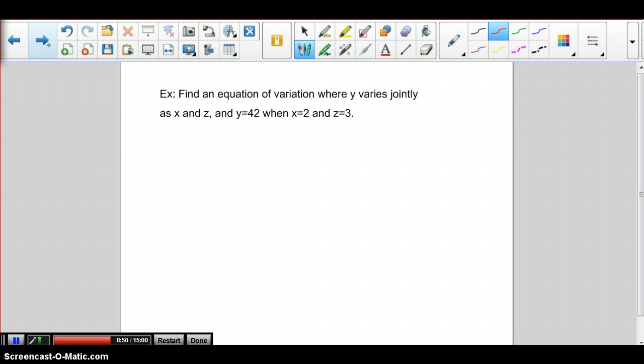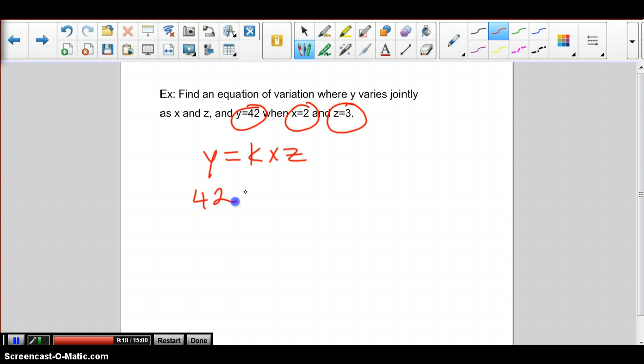Here's another problem. Find an equation of variation where y varies jointly as x and z, and y equals 42 when x equals 2 and z equals 3. So we're given a lot of information. I'm just going to write out our general formula, and let's just use what's given to us to plug these in.